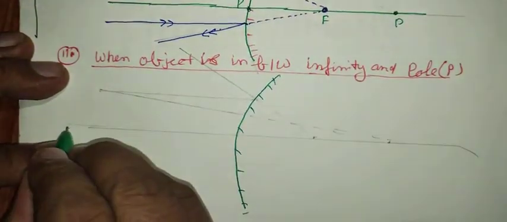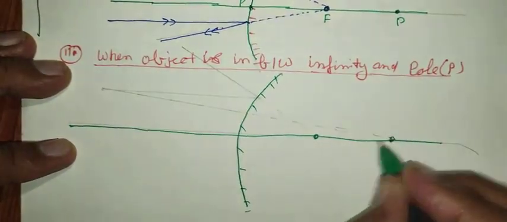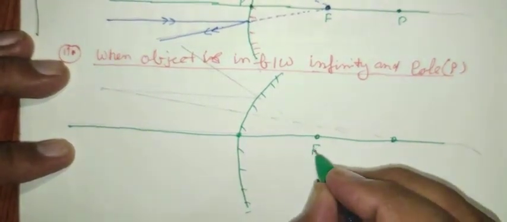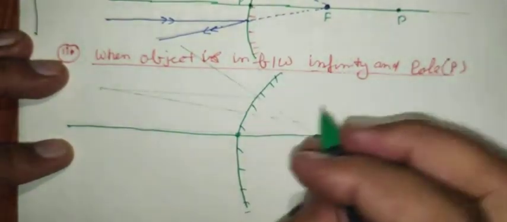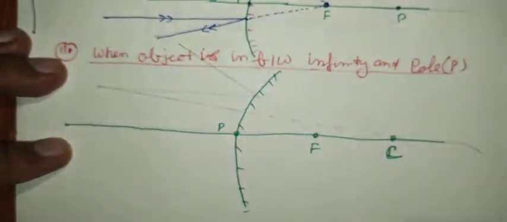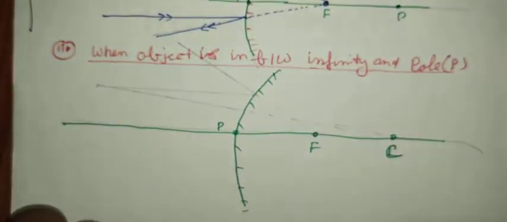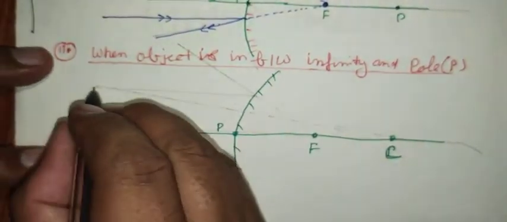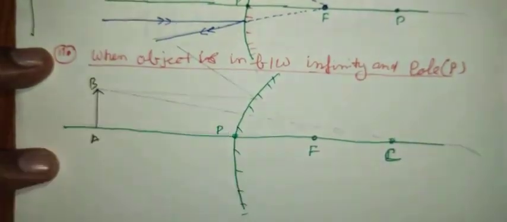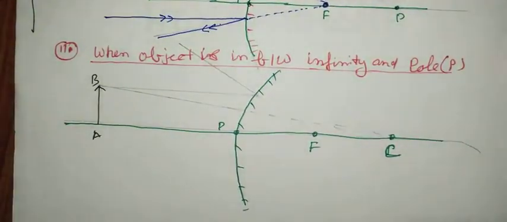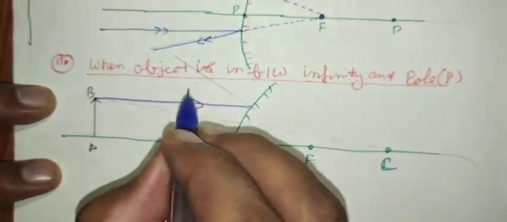Convex mirror with principal axis line, 2 points, focal point F and center of curvature C, and pole P. Now see, we are going to take an object AB. To complete the ray diagram, we take the first ray parallel to the principal axis.